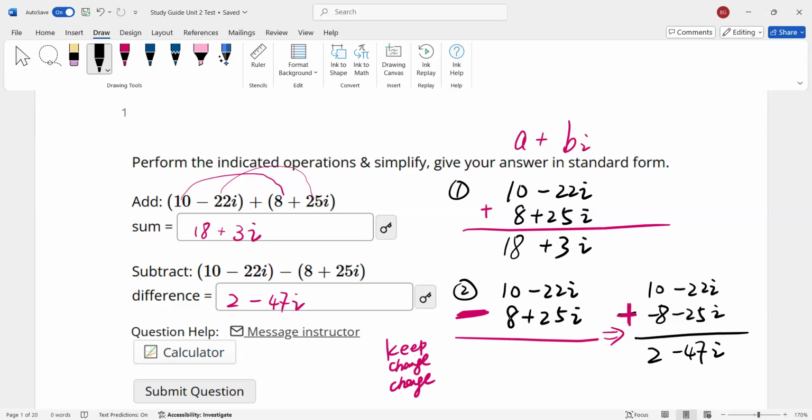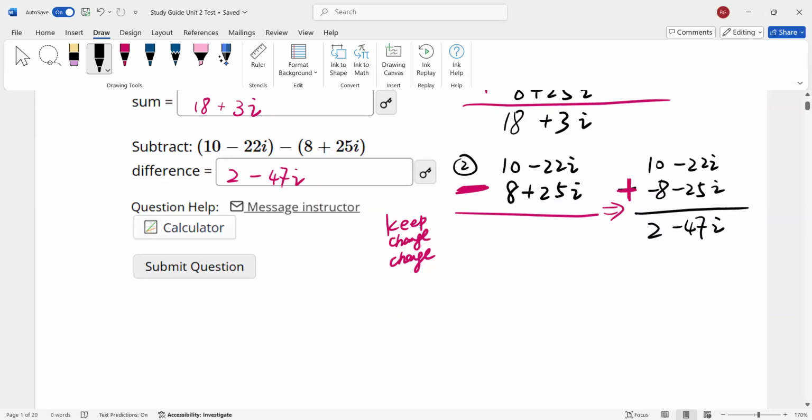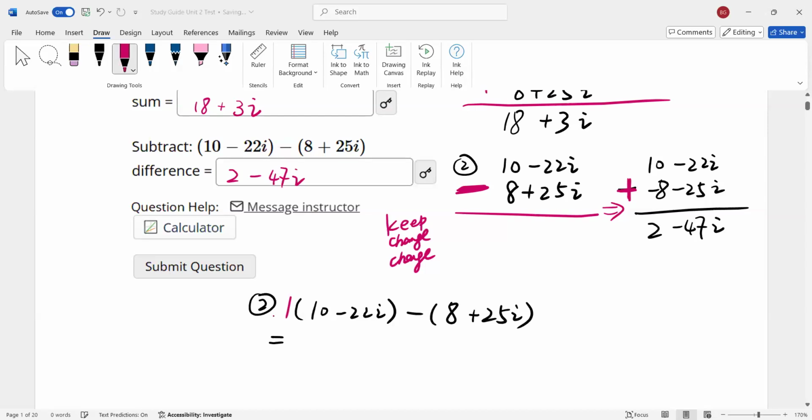Another method is the horizontal method. We have 10 minus 22i minus parentheses 8 plus 25i. We have two parentheses. We just need to get rid of the two parentheses and then combine like terms. The first parentheses has coefficient 1.